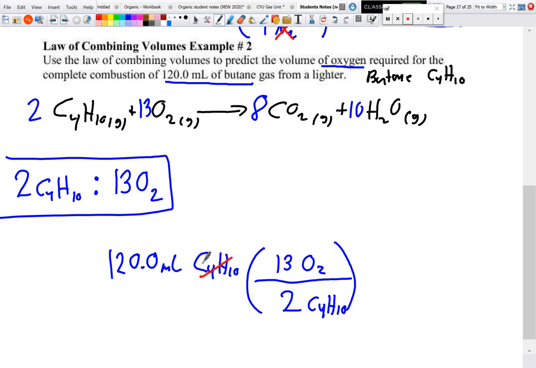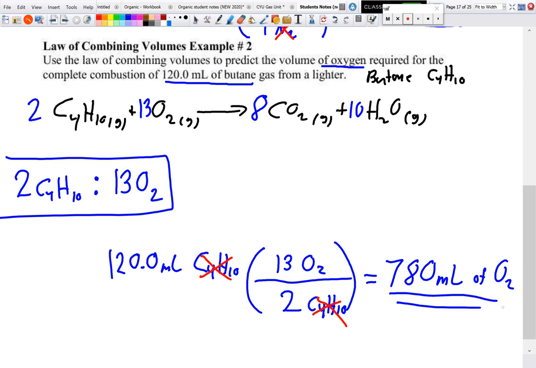So then this way, the units of butane cancel out, and when we apply this right here, we get an answer of 780 milliliters of oxygen. And that's how we apply the law of combining volumes to other examples. So start off with your balanced chemical equation, figure out the ratio, and then apply it. So there's a few more examples on the next page.